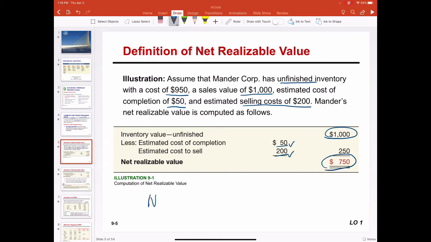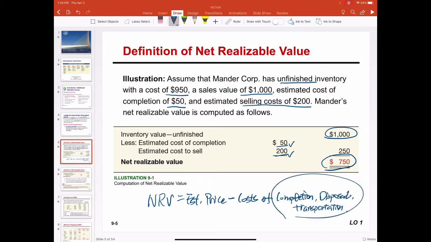So the NRV is estimated price subtract costs of completion, disposal, and transportation. These are costs to realize the value of inventory. That's why we call it net realizable value. The lower of cost or NRV is to compare the book value, which is $950, with the NRV.